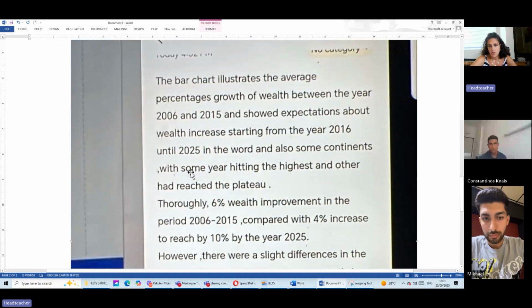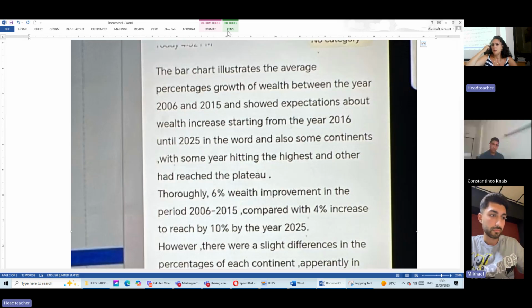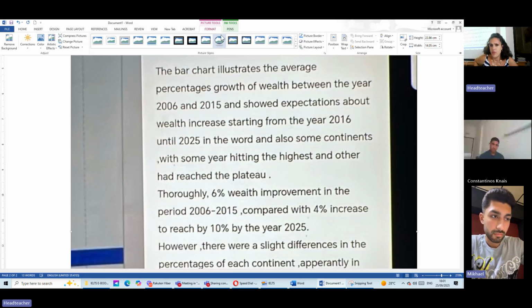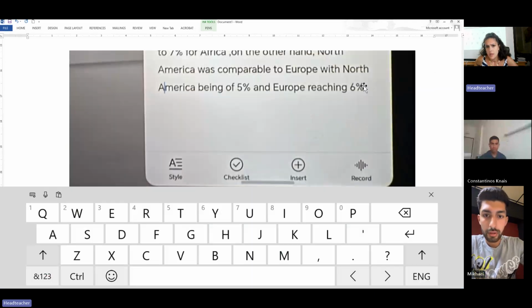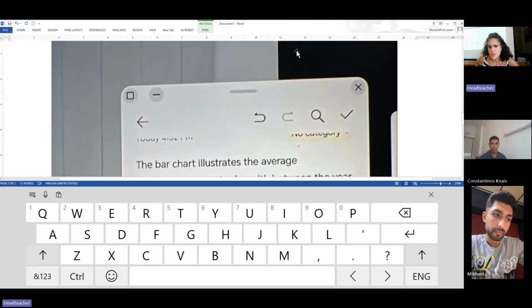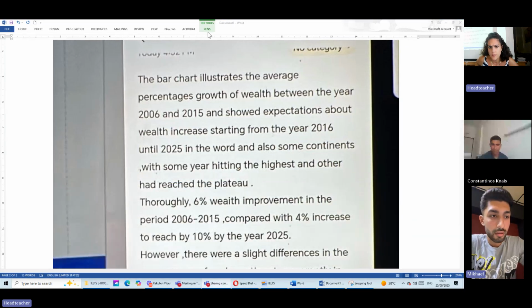Okay, I have it. So Michael said the bar chart illustrates the average percentages growth of wealth between the year. Do you guys like this? What do you think? Sorry, Michael, for the exposure, but I think it's going to be useful. Do you like what you see? To what extent do you agree with it?